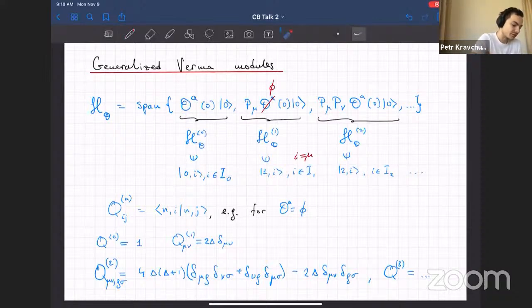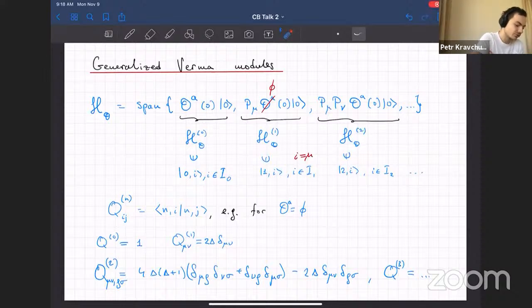Since states in different subspaces have different scaling dimensions, the states in H0 are orthogonal to states in H1, they're orthogonal to states in H2, and so on. So the matrix of inner products that we can define for the representation is block diagonal: it's only non-zero within H0, within H1, within H2, but between these spaces it vanishes.